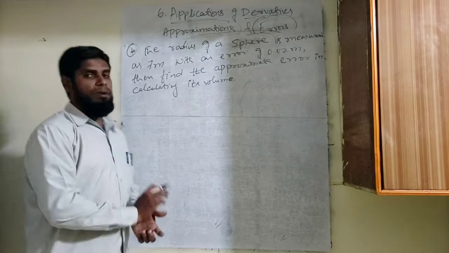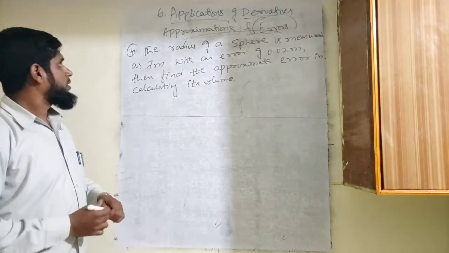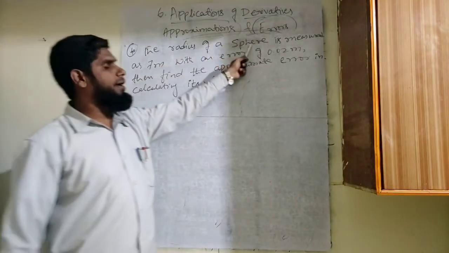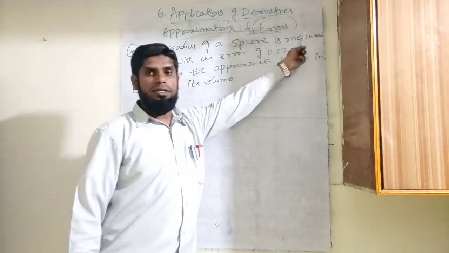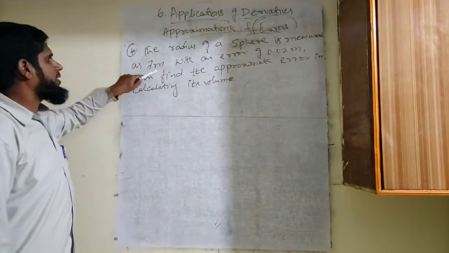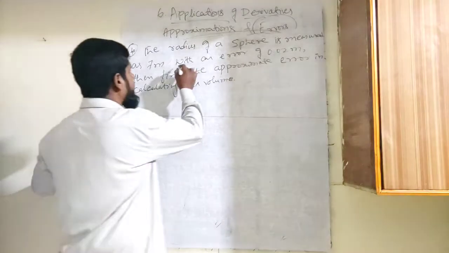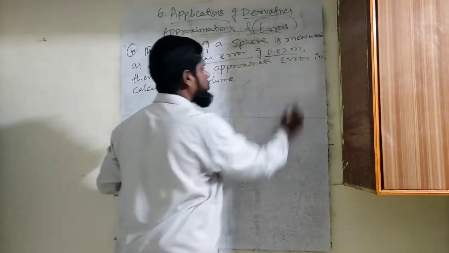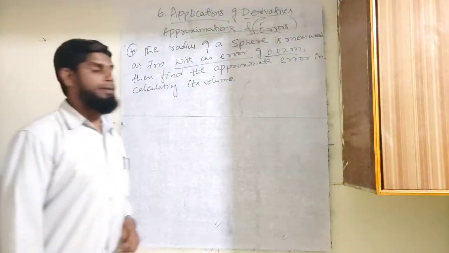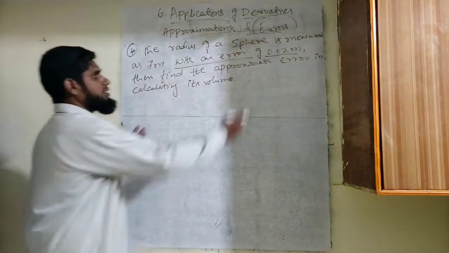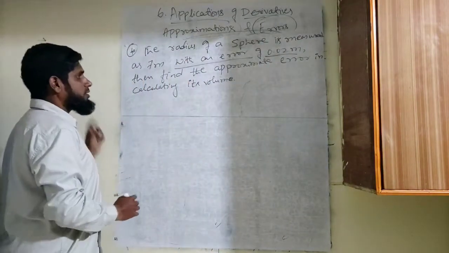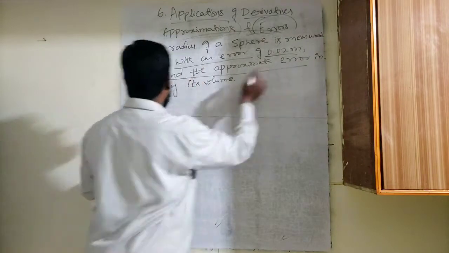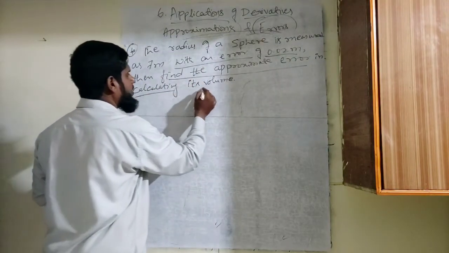Then in this problem, he said that the radius of the sphere is measured as 7 meters, but while measuring we did an error of 0.02 meter. If this is the error we did, then he is asking to find the approximate error in calculating its volume.